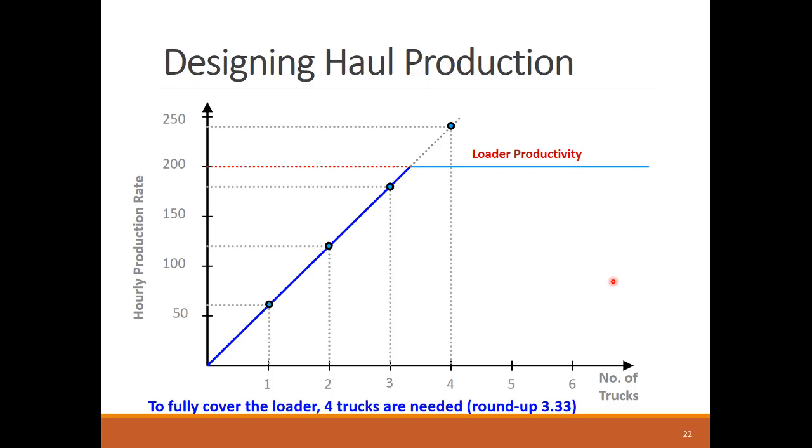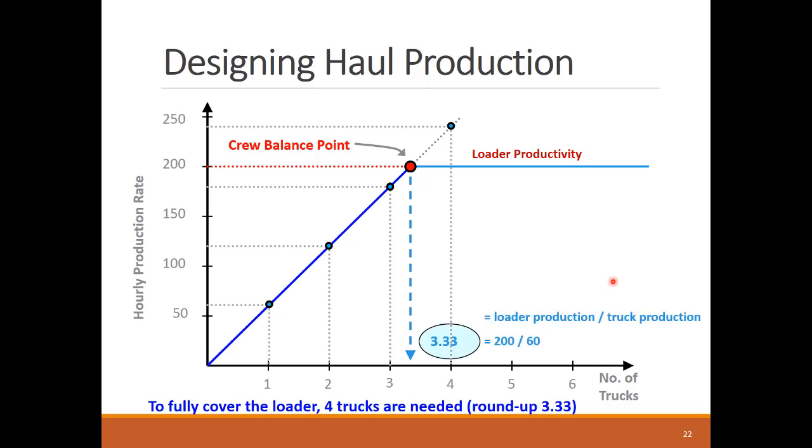We can see here a discontinuous relationship between the number of trucks and the productivity. And this discontinuity point is what we call the crew balance point. This point is the optimal crew composition where every resource is 100% utilized and achieving the maximum production of the serving resource, which here is the loader.